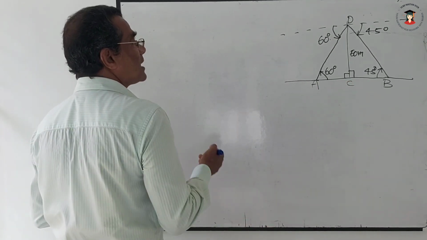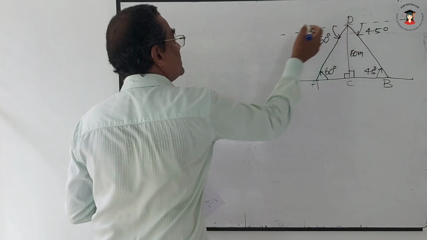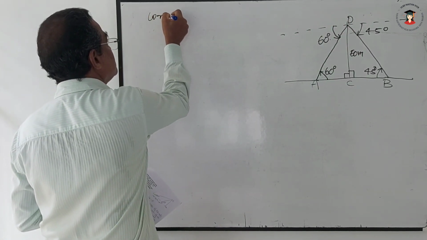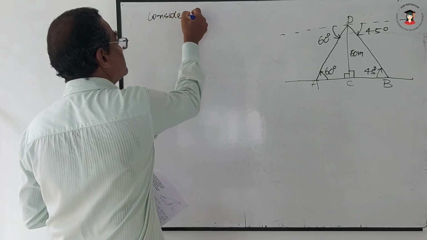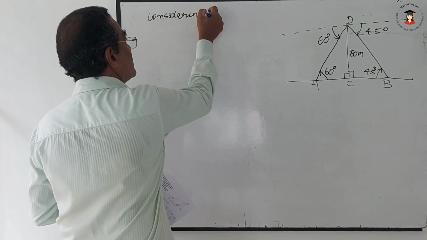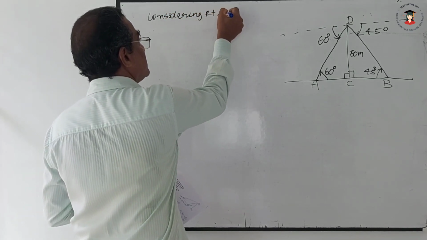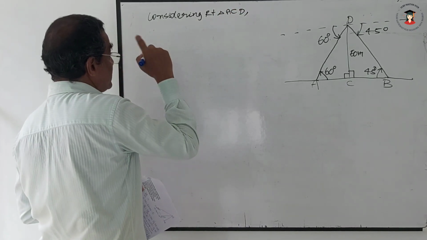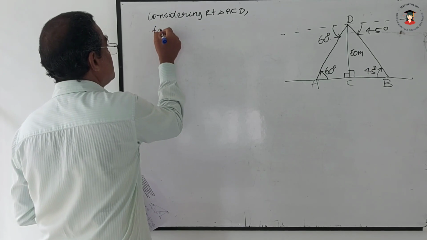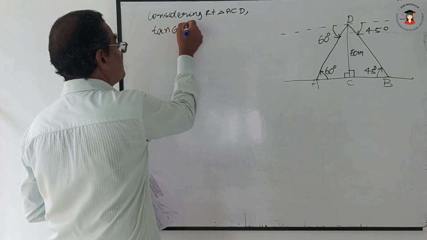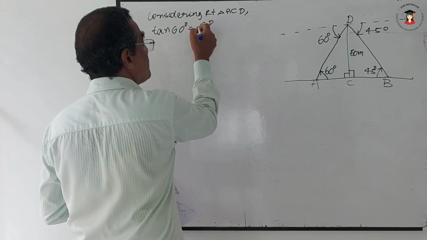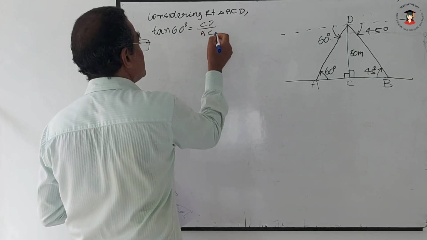So consider right triangle ACD. Tan 60 degree equal to CD by AC.